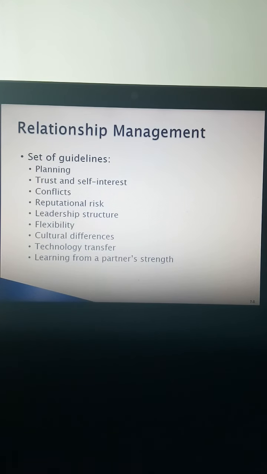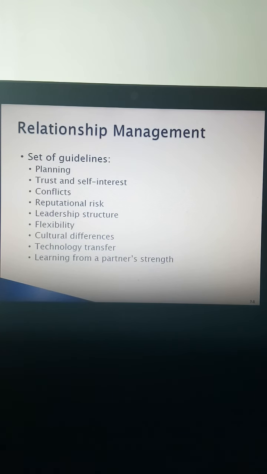So careful planning should be done in all those things that I have mentioned earlier. Okay, next is trust and self-interest. To be successful, partnership involves trust and respect between the partners and willingness to share with each other on various self-interest issues. All those partners must be willing to share.